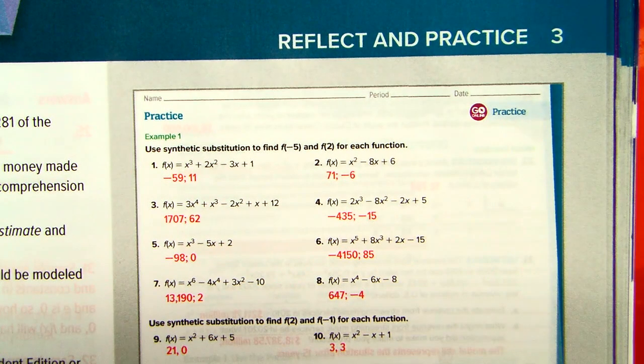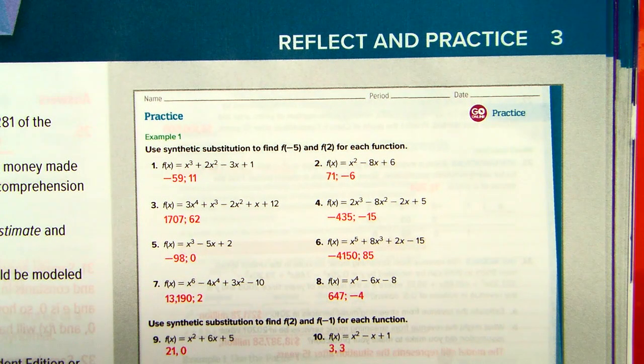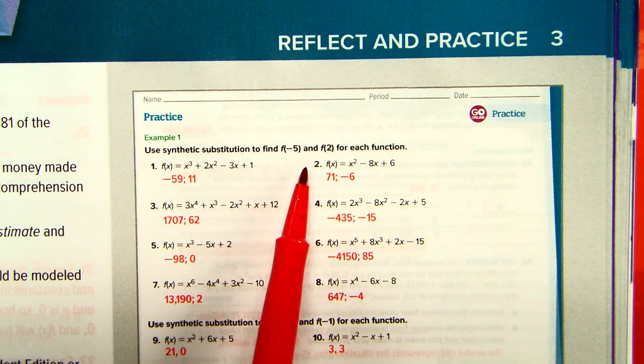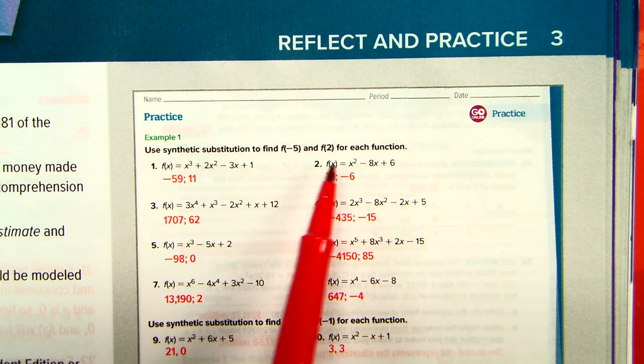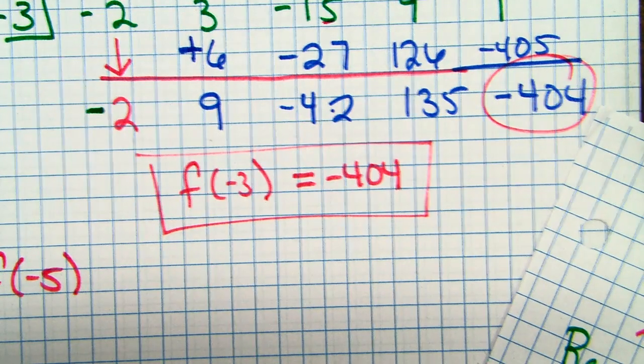So that's really 2 problems each. Let's do 1 through 4, which is really 8 problems, okay? So each problem will have 2 answers, because you're going to do f of negative 5 and f of 2 for each problem.